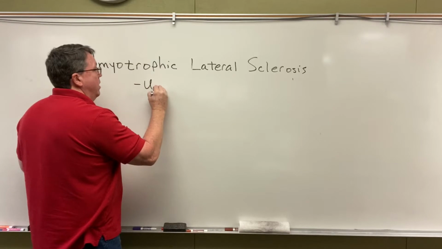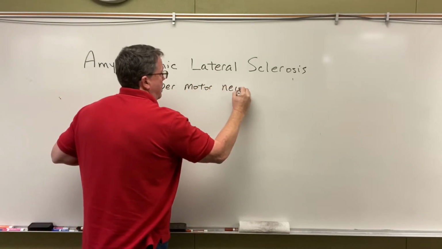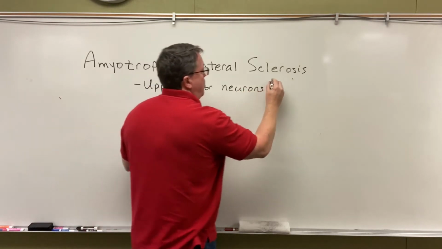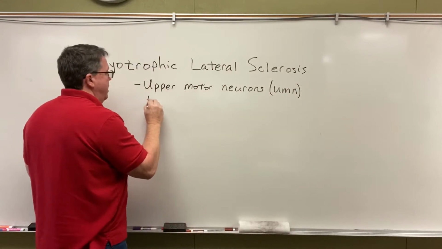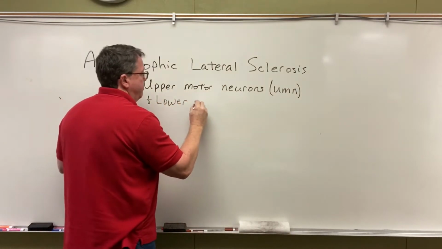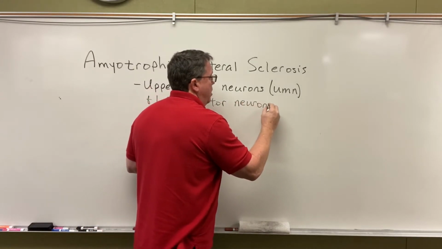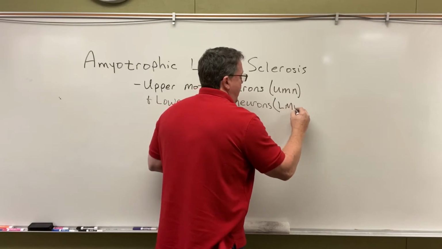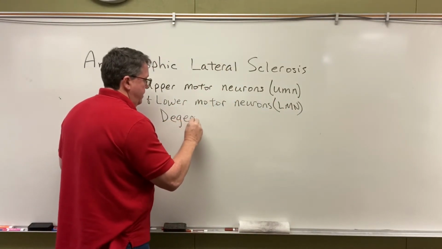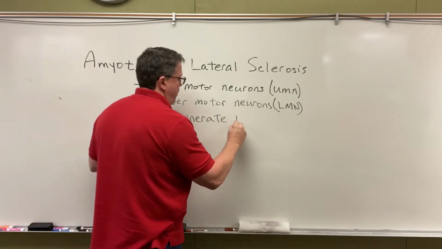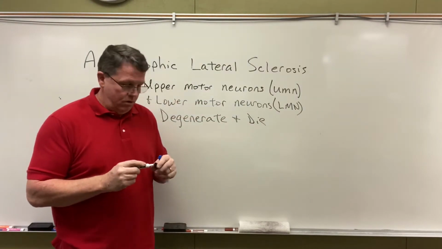So upper motor neurons, which we're going to call UMN, and lower motor neurons, which we are going to call LMN, degenerate and die. Okay, so they're going to degenerate and die. So let's talk about what these are real quick.